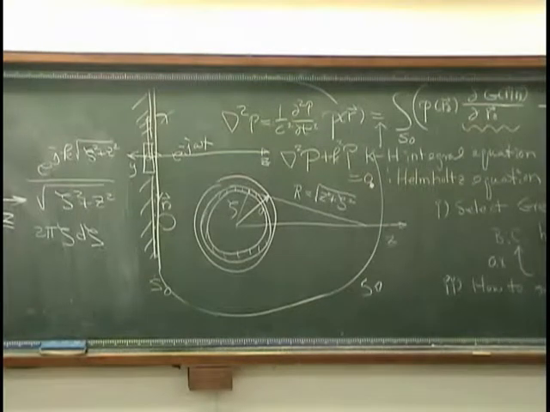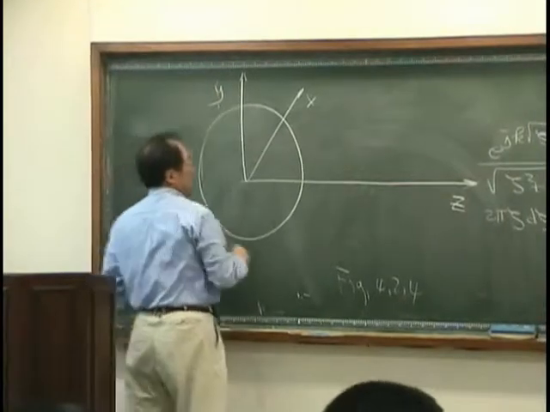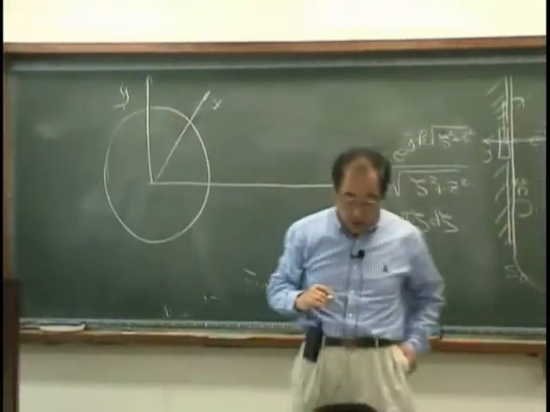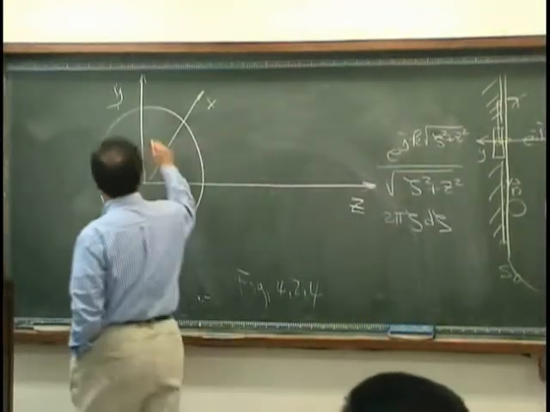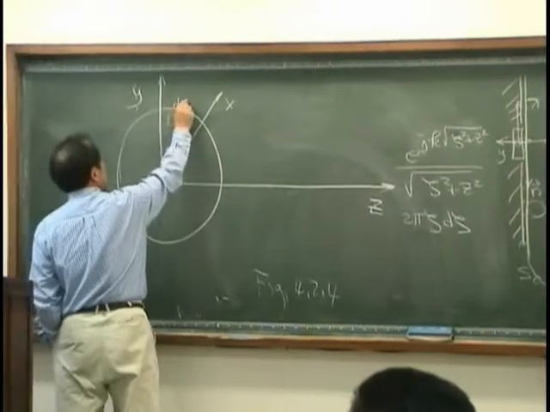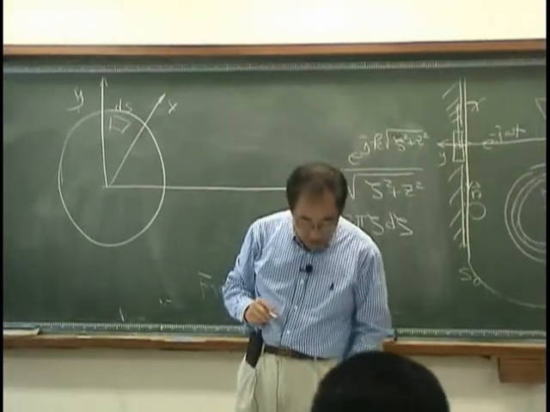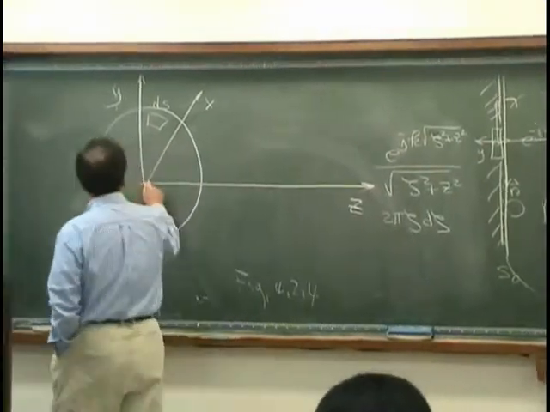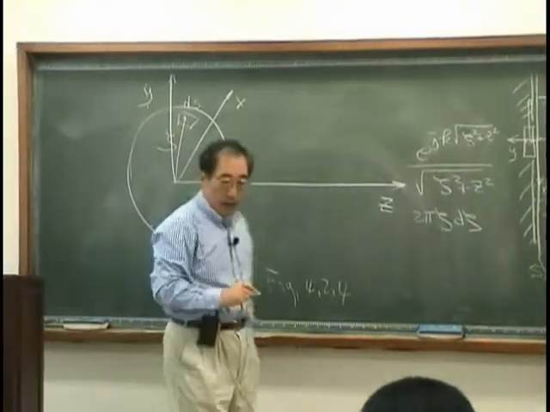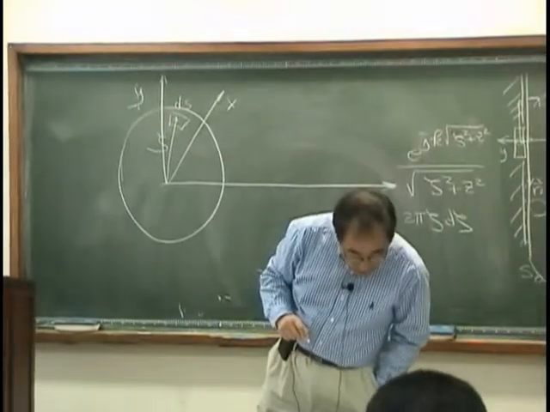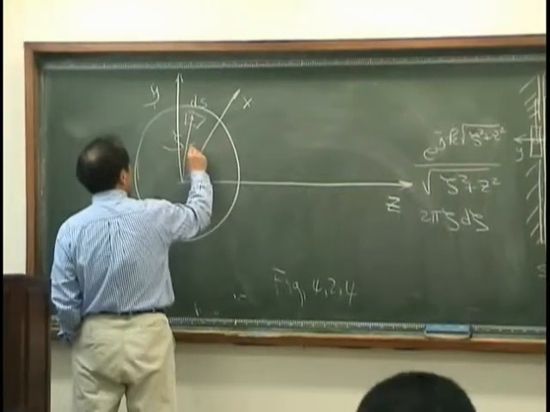Suppose I have the x-axis here, and the y-axis here, and I have a vibrating piston. Okay. Now it is no longer symmetric, so I have to consider ds, the surface of integration over here. Then I denote this radius zeta, and the angle from the x-axis I denote phi.